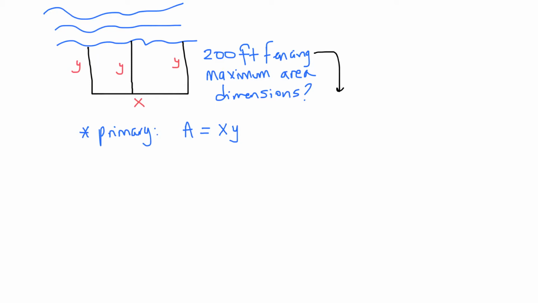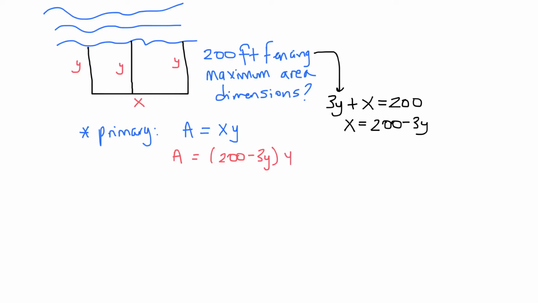So when I look at the fencing, that is 3y's plus 1x, that's the length of the fencing, and so that should be 200. And if I solve for x, I get that's 200 minus 3y. So then I can come back to my primary equation and now call it A equals, in place of x, 200 minus 3y times y.